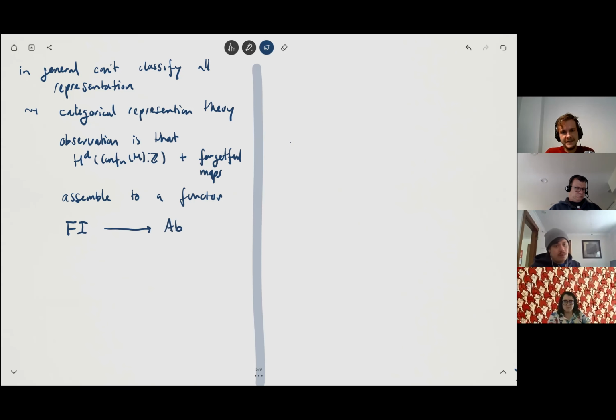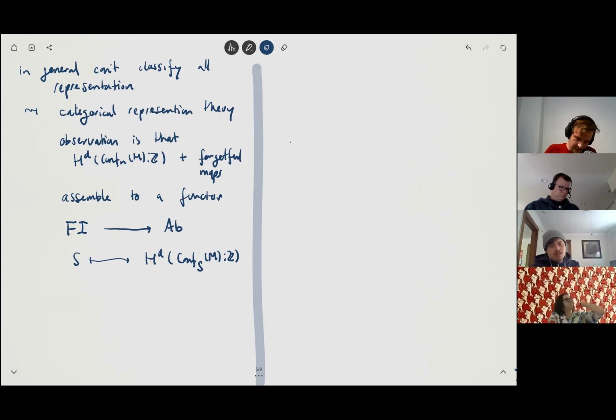Okay, for each finite set, you get maybe the configuration space of points labeled by the finite set S in M. And whenever you have an injection, oh, sorry, it goes.